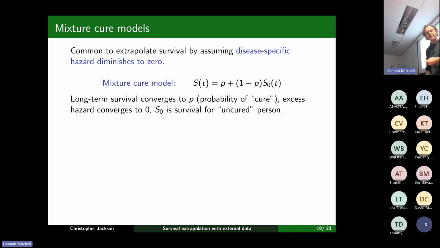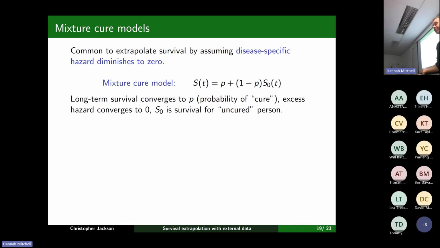This is often represented using a parametric model, in which you can conceive of a mixture of populations. A certain proportion of them, P, get cured, and the other proportion are uncured, and you have an uncured hazard function, which is defined by some parametric survival model.